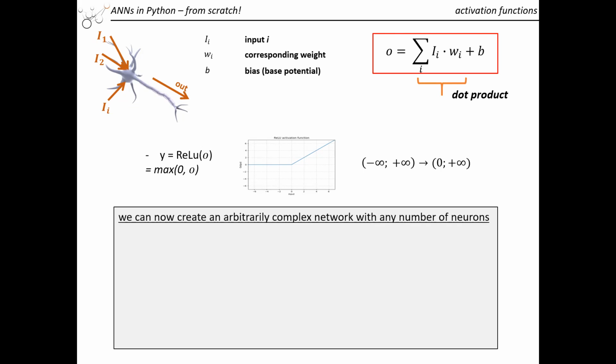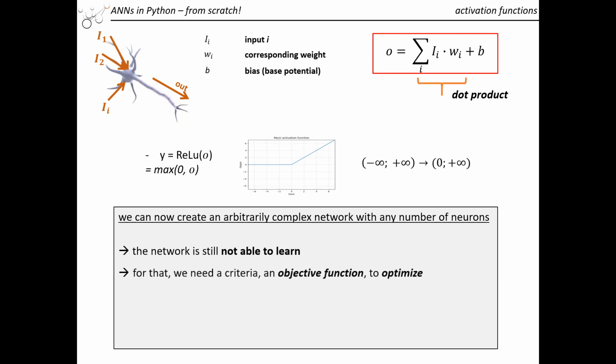So let us summarize what we did so far. We learned how to create layers of neurons of arbitrary size, and we also learned how to link them together. And we also added an activation function. However, our network is still not able to learn. And therefore, we have to define a criterion, a so-called objective function, that tells us how well the network predicts our output.